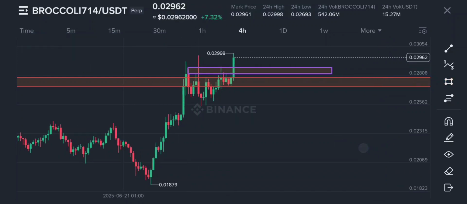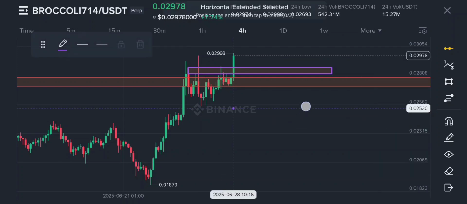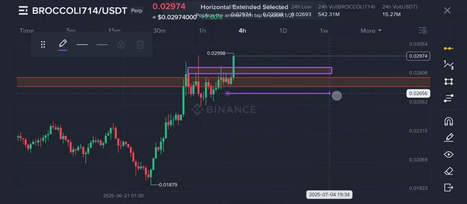So it may not come back to retest here, but if it gets here, you can take a long from here, then put your stop loss somewhere here. This is your stop loss.